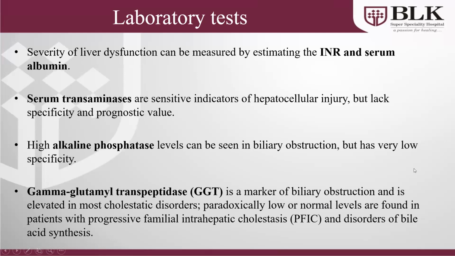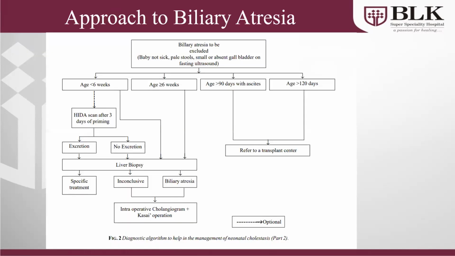These kids have low gamma GT. So whenever you encounter a child with neonatal cholestasis, always look for total bilirubin, direct bilirubin, INR, serum albumin, SGOT, SGPT, and gamma GT. So try to go for a complete LFT, because each one of the components has its own importance.